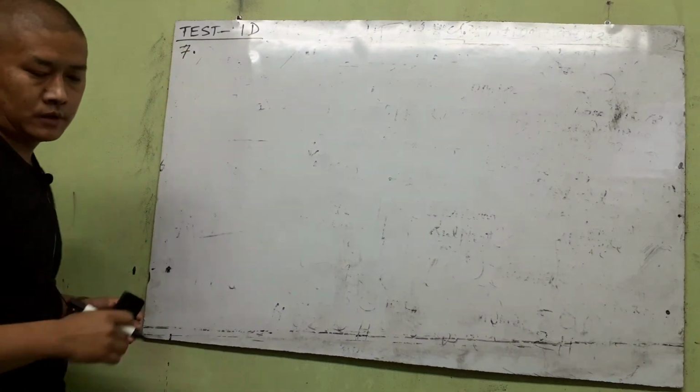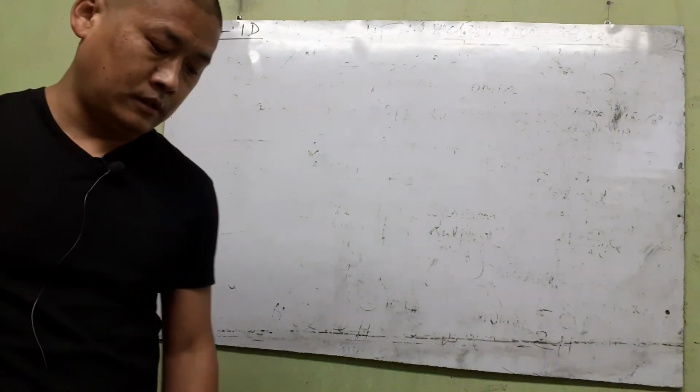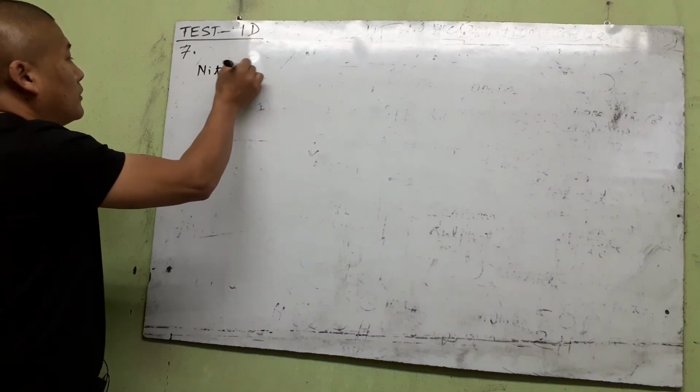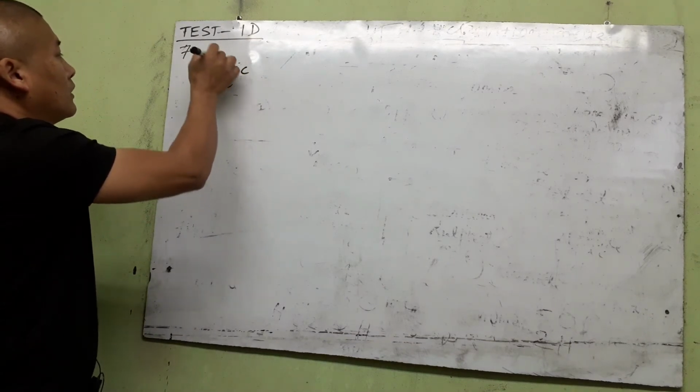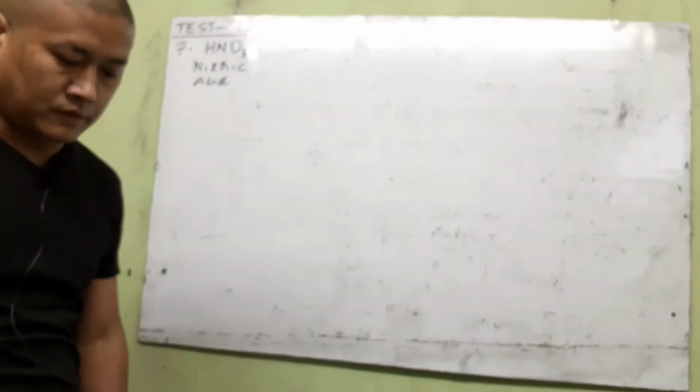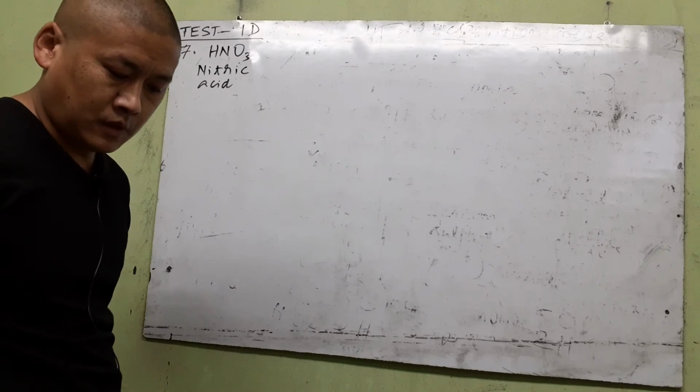So the 7th one is nitric acid. We know nitric acid. The formula is from our worksheet 1. We have memorized this formula because this is a very common acid. Reacts with calcium hydroxide.